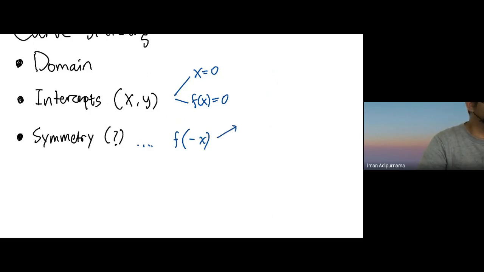If the function comes back to the original equation, this means it's called an even function. If when we plug in negative x, the result changes to negative f of x, then this is odd.